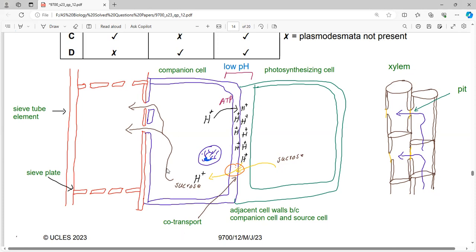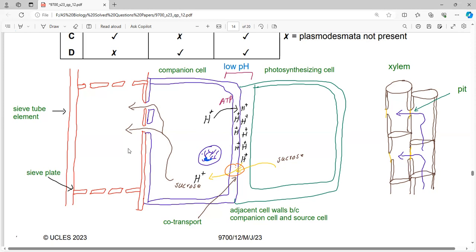Now, when the concentration of the sucrose increases in the companion cell, it will move from the companion cell to the sieve tube element by plasmodesmata. And in this way, the loading will take place. Now here there's a question: during the loading, where is the pH value decreasing? The pH value is defined as the negative log of the concentration of hydrogen ions in a solution.